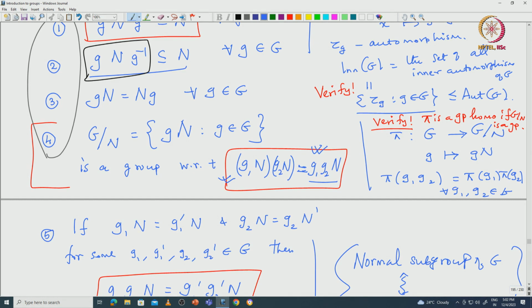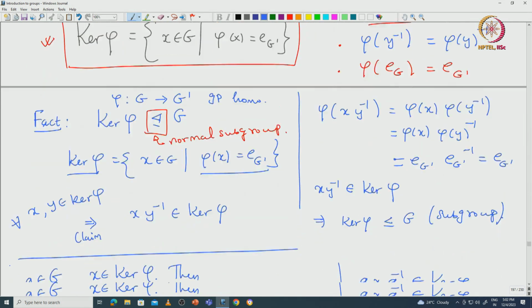Once you verify it is well defined, then you have to verify that with respect to this multiplication G modulo N indeed becomes a group. For that you have to identify the identity element and, given any element, the inverse and so on. But those things are somewhat easy.